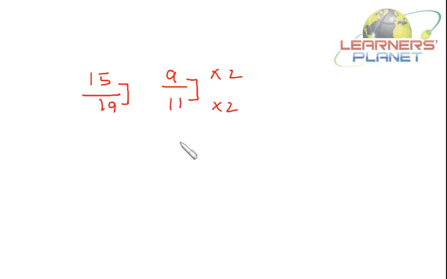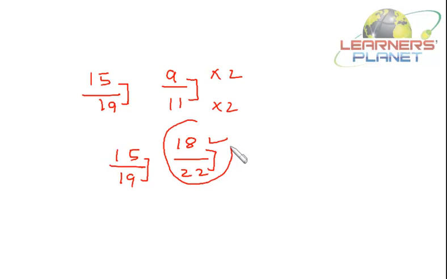Now 9 2s are 18 and 11 2s are 22, and this is 15 by 19. Now in both cases the difference between numerator and denominator is the same. We can make the direct comparison since the numerator of this fraction is higher. So this fraction will be greater than 15 by 19. That means 9 by 11 is greater than 15 by 19.